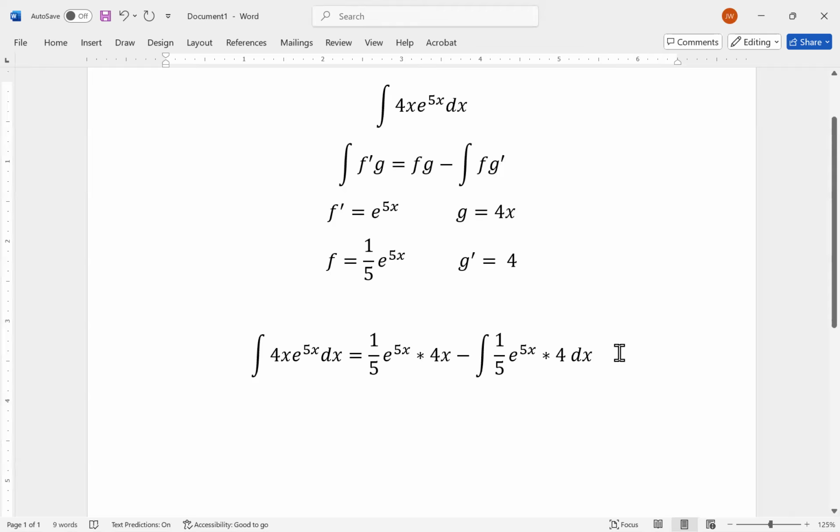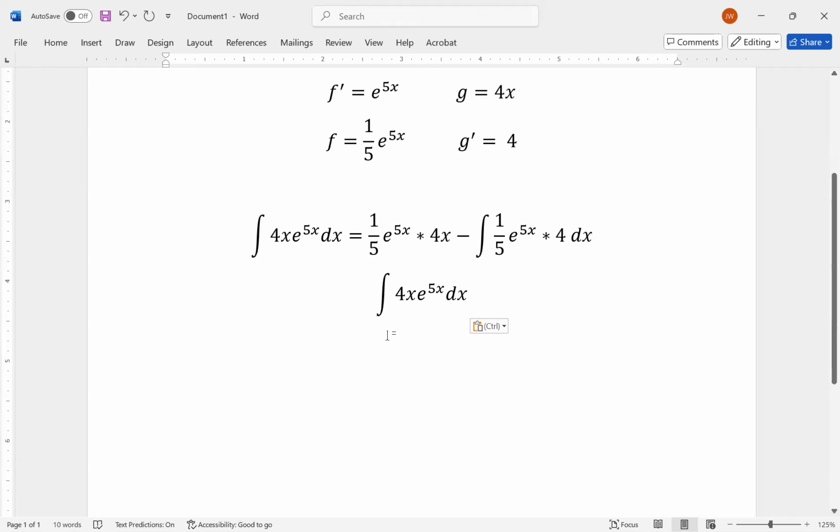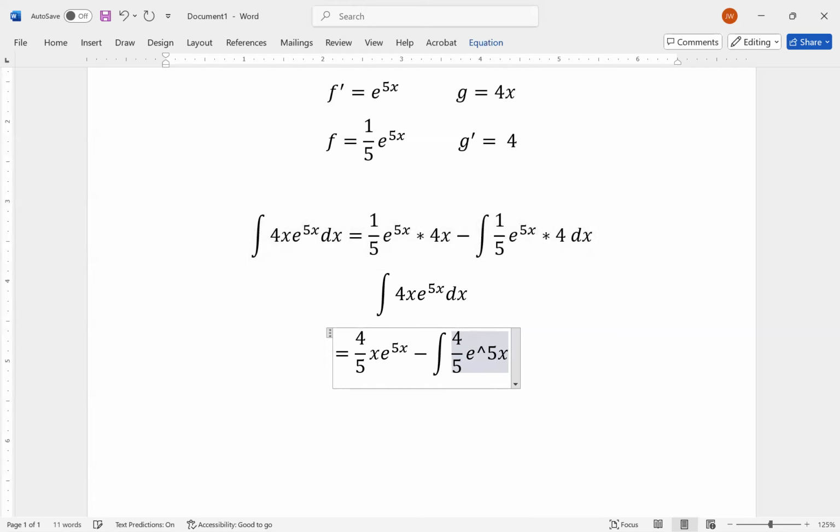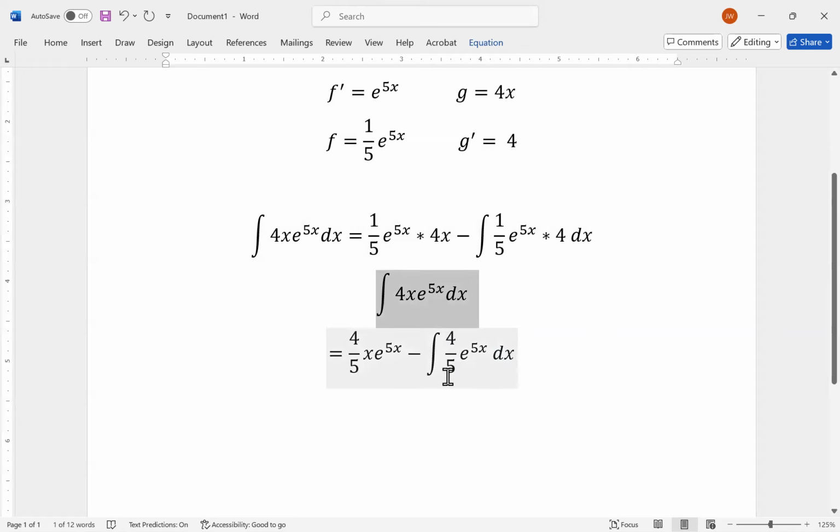So basically, this integration becomes, let me rewrite this, 1/5 times 4x is just 4/5 times x, e to the 5x, minus the integration of, when I multiply that, 4/5 e to the 5x. So the integration that I'm looking for is this one.